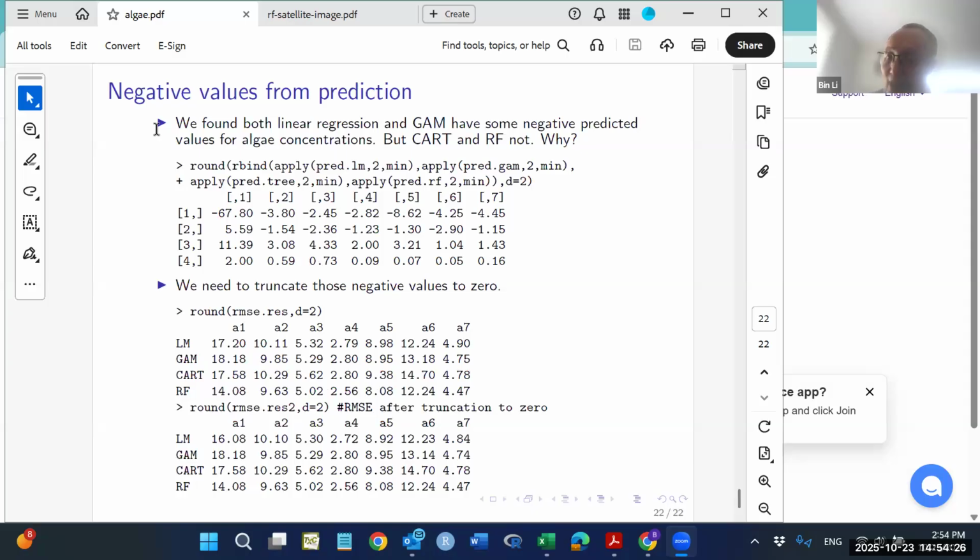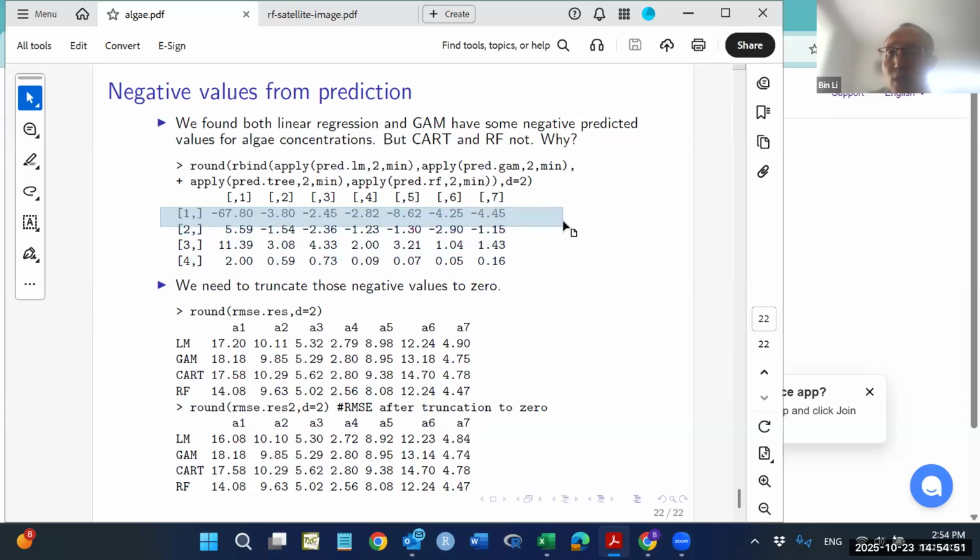However, we are not stopping here. Why? Because here I'm showing you the minimum value for the predicted value. I used apply to find out the minimum value. The first method is the linear regression, the second method is the GAM, the third is the CART, and the last one is the random forest.